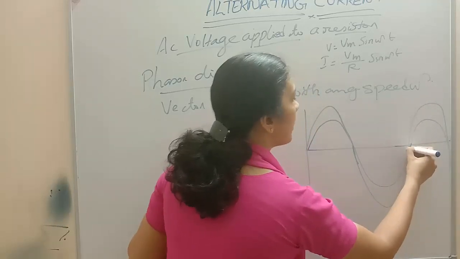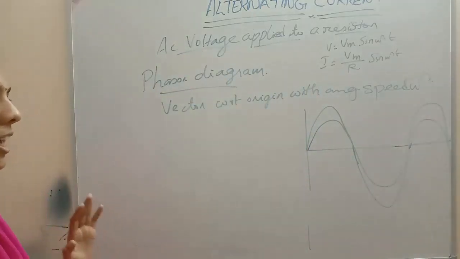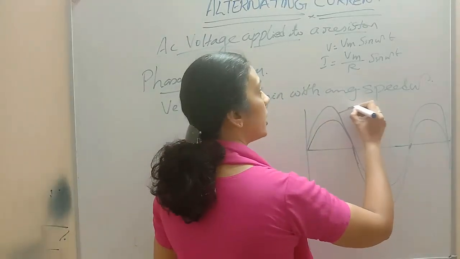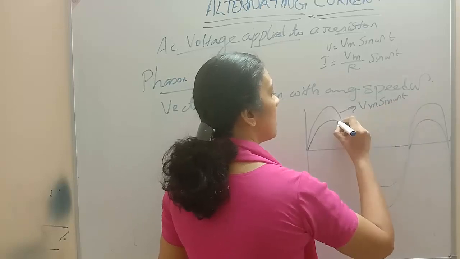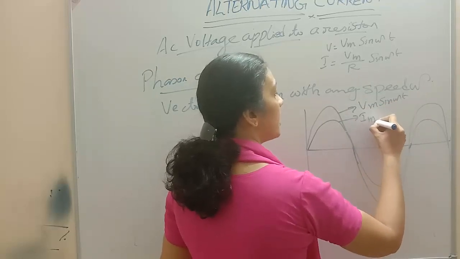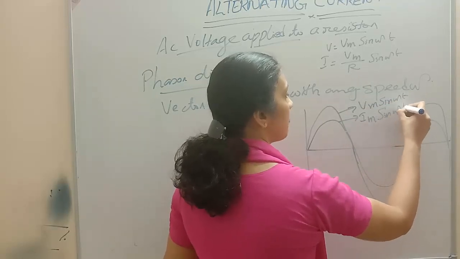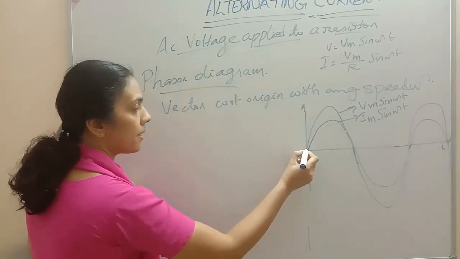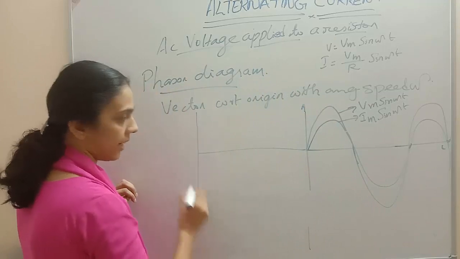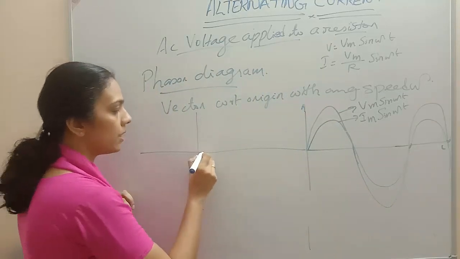Right, it is not having any phase change at all. So this is the V value Vm sin omega t and this is the I value which is Im sin omega t. Right, this is time. If I represent this in the phasor diagram, how will it change?